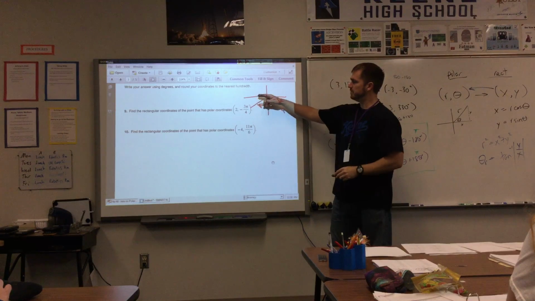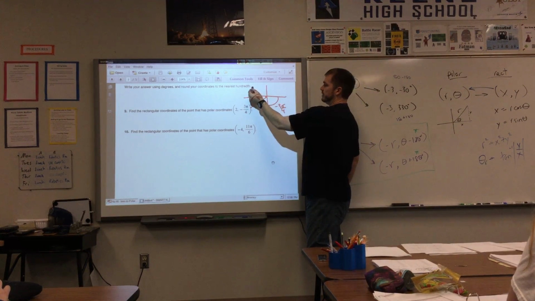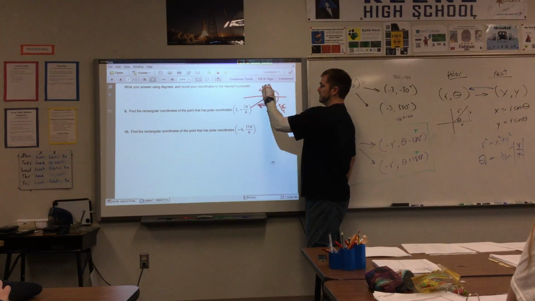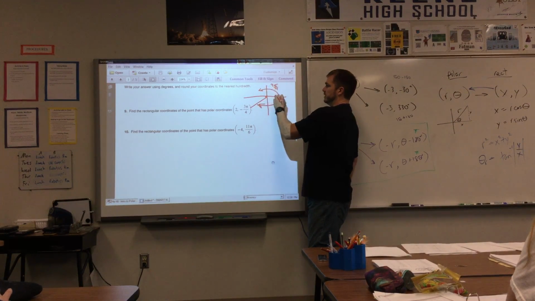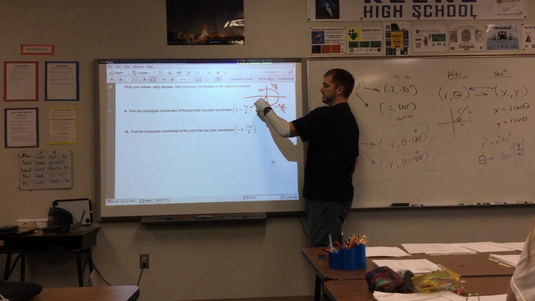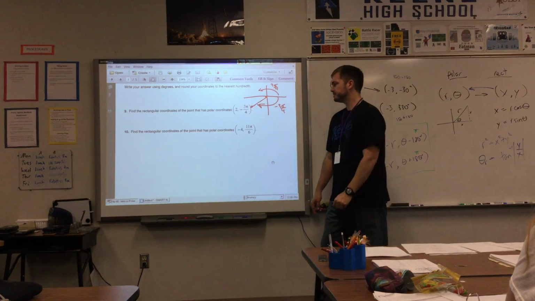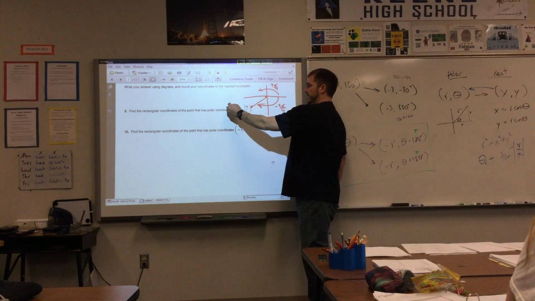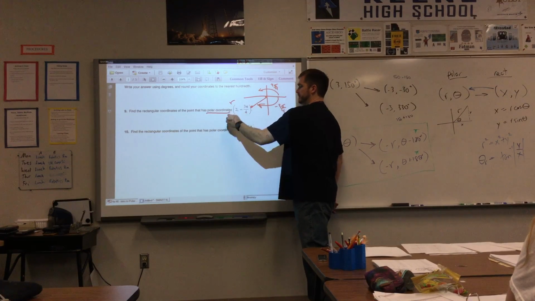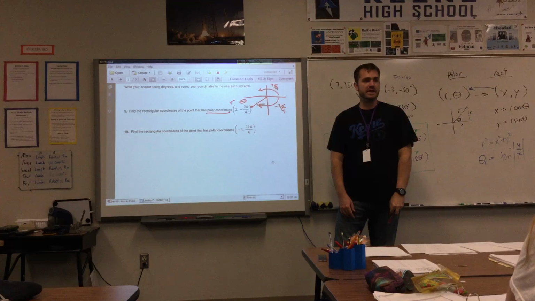Yeah, that seems right, because positive 3 pi over 4 is over here in second quadrant. A whole quadrant and then half of a quadrant, so therefore we've got negative 3 pi over 4. So we're down here, folks. Since this is polar coordinates, that means 2 is our r, and negative 3 pi over 4 is our theta.